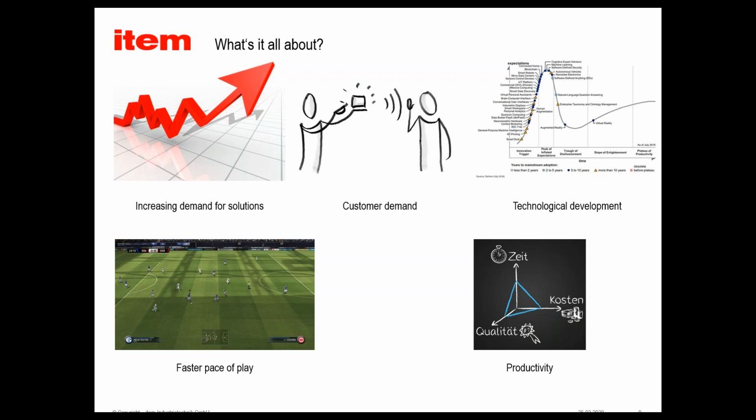We need to take quality, cost, and time, put it into a magic triangle, and make it happen that we can control this triangle, these 3 topics, without increasing the time or raising the costs or reducing the quality for those increasing demand of solutions.